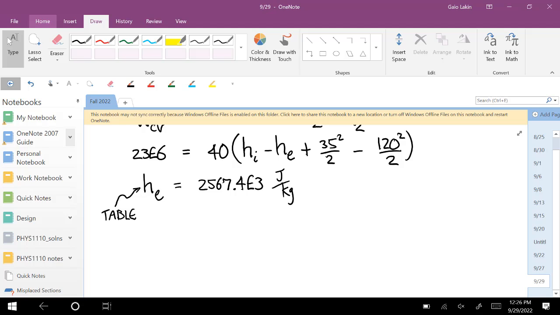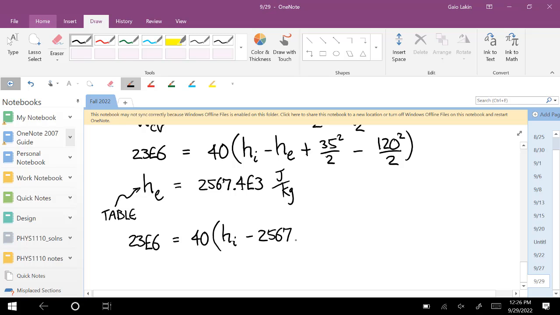And so you can plug that in. 23 times 10 to the 6 is equal to 40 times the quantity hi minus 2567.4 times 10 to the third, plus 35 squared over 2 minus 120 squared over 2.